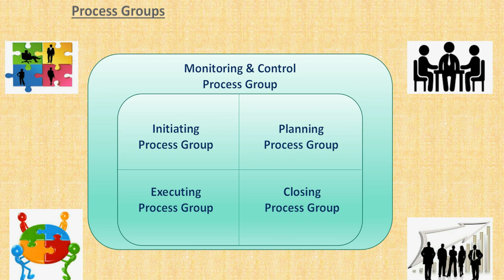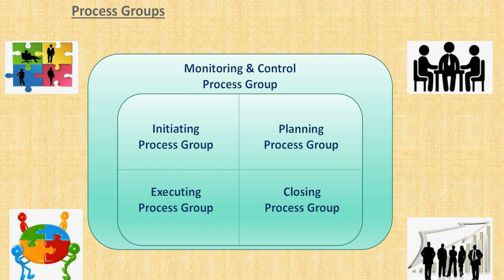Now, the second point, why we have encompassed all the other 4 by MNC, is that monitoring and control processes run throughout the project. So basically the monitoring and control process monitors and controls each and every other process group's processes.